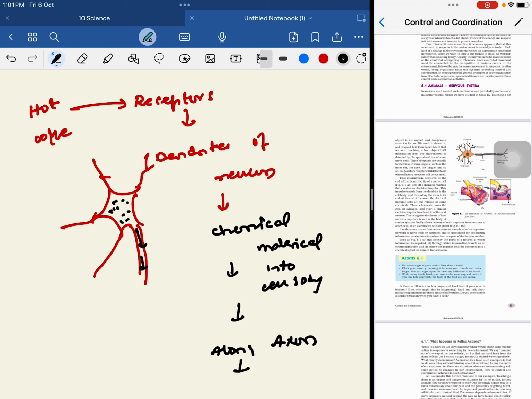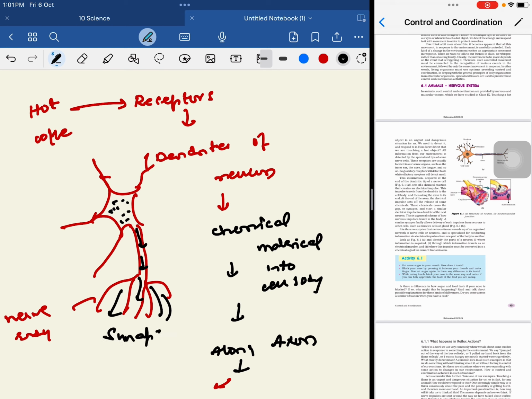And from the axon, these are synapses or nerve endings. This chemical material is released into the synapse. From the synapse, I already told you, there is a next neuron.